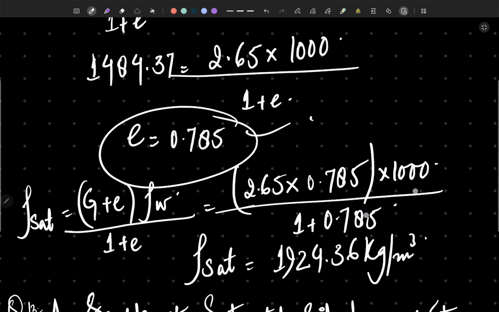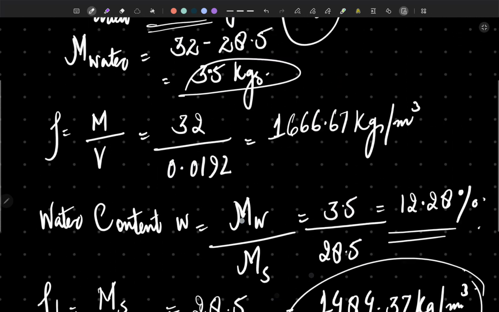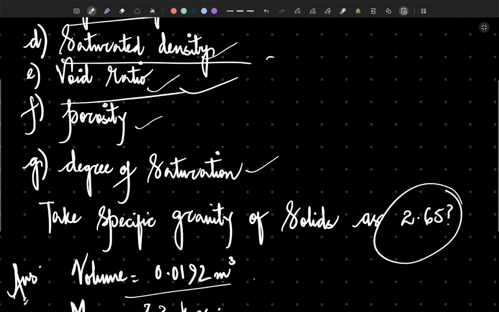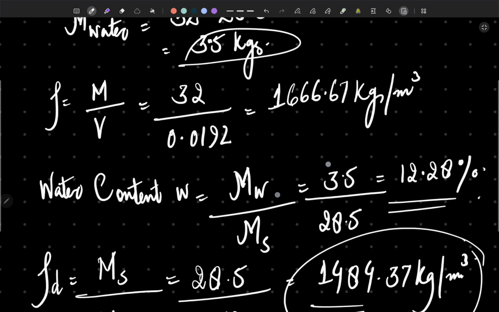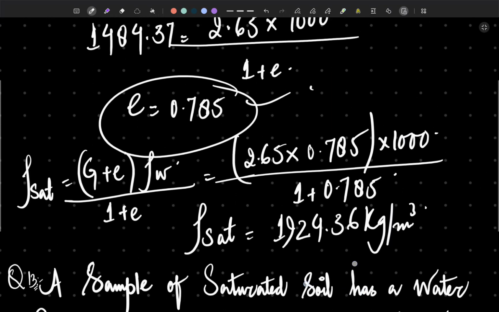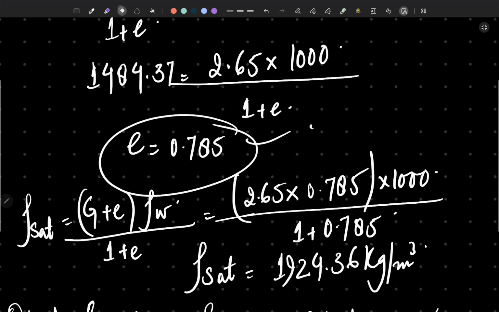All right, so I have calculated saturated density as well, and the void ratio before even calculating it. The only two things now pending are porosity and degree of saturation. Now let's find them as well.